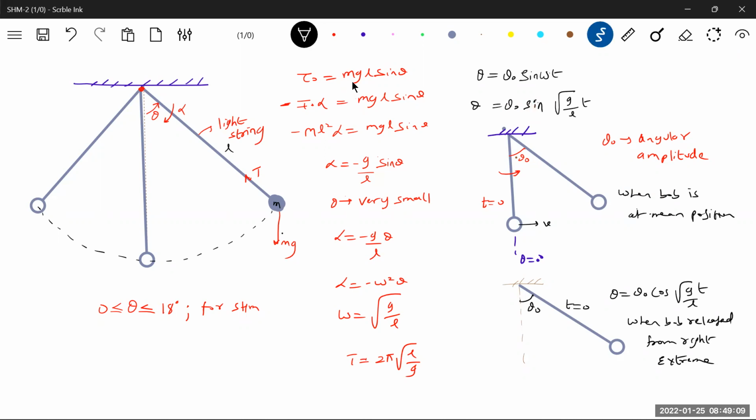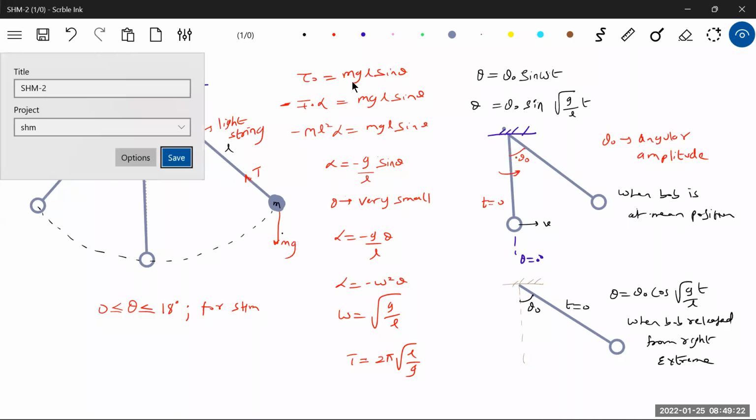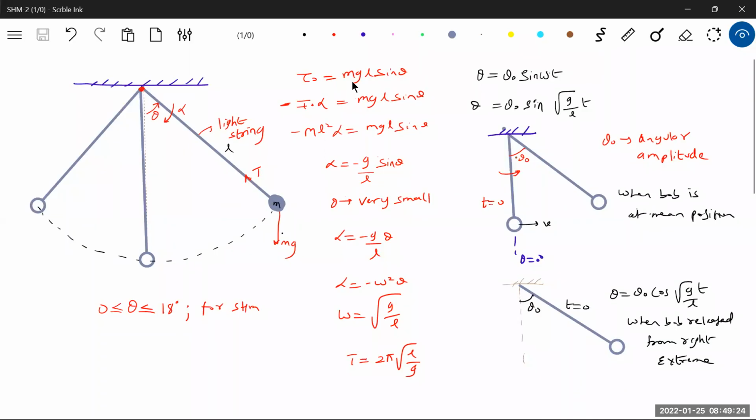Some math based questions can be asked in the exam, all possibilities are there, that's why I'm stressing. This will have a phase angle of 0, pi by 2, pi, 3 pi by 2, and 2 pi, similar to what we discussed yesterday for the spring block system. The same condition is applicable here.